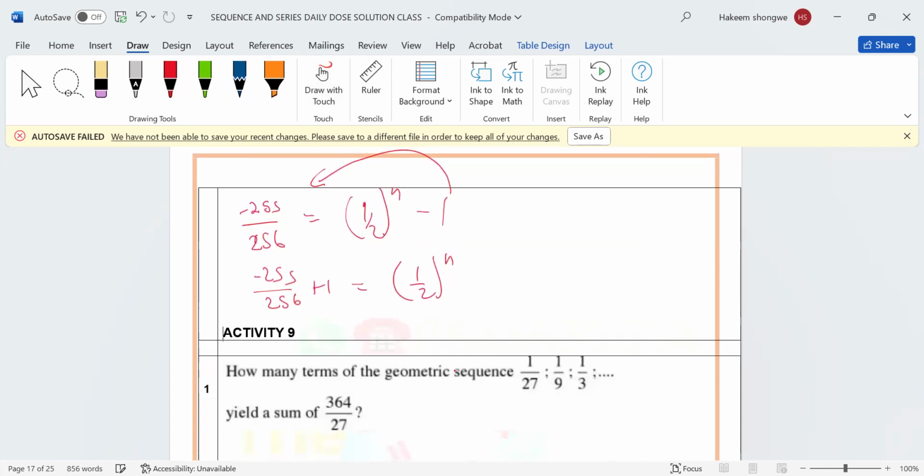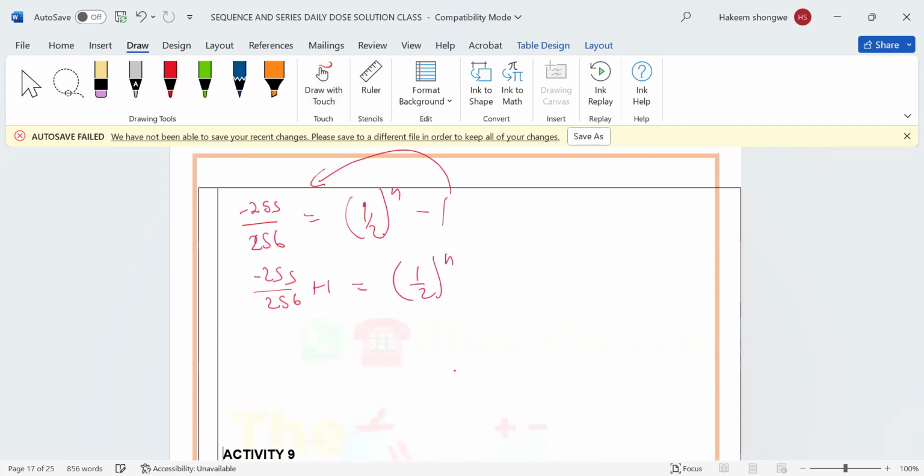What do you get if you do that? 1 all over 256, which is going to be 1 all over 2 to the power of n. Now I saw what Jane did the other day. She said you can rewrite this and make it a negative exponent. Or the other thing, you can simply get what this is raised to the first power.